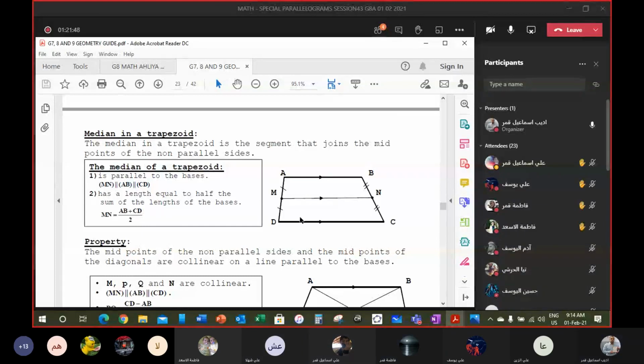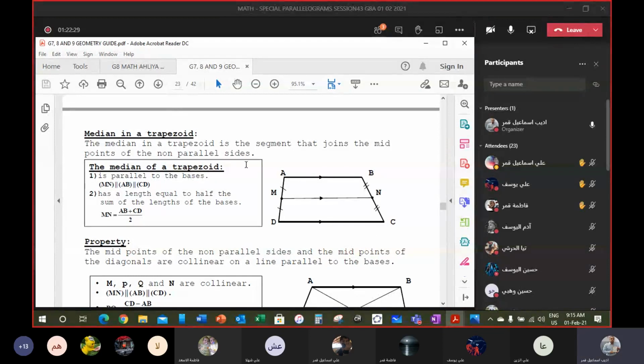On the legs, the non-parallel sides, M is the midpoint of AD and N is the midpoint of BC. So M and N are the midpoints of the non-parallel sides, the midpoints of the legs. Then MN is parallel to AB and parallel to DC. And its length is MN equals AB plus DC over 2.